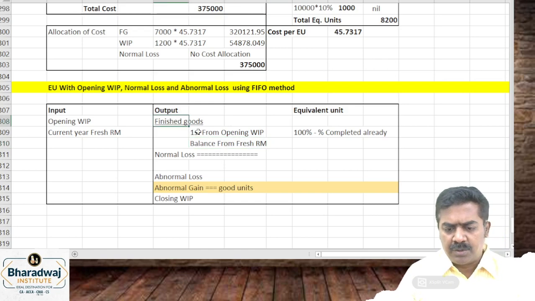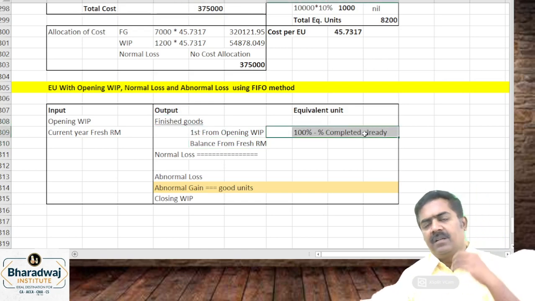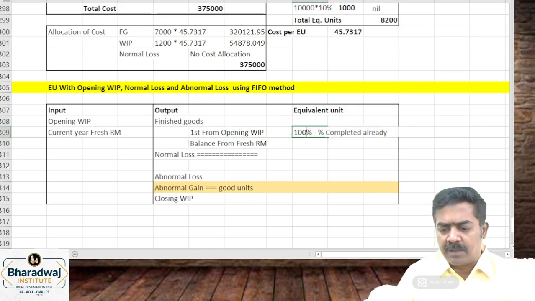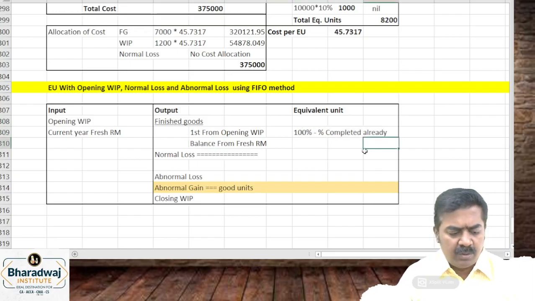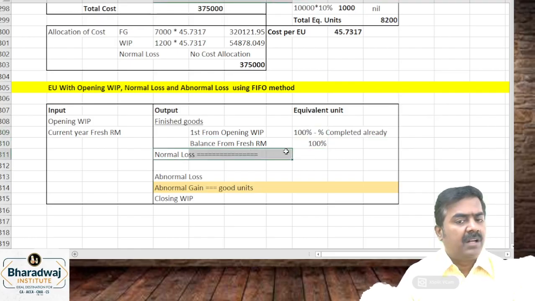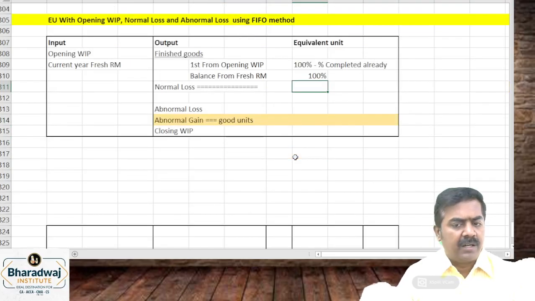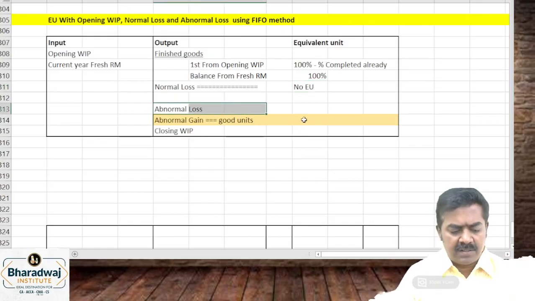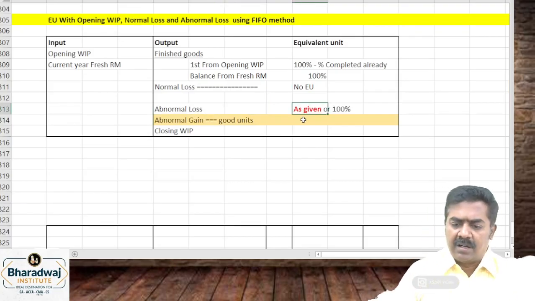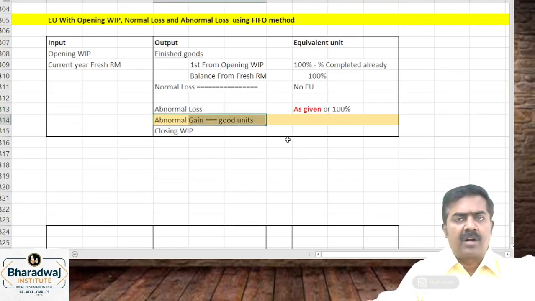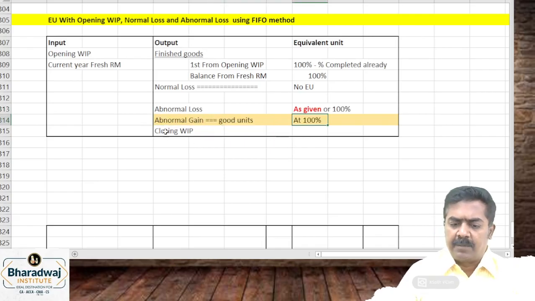So finished goods from opening WIP, whatever we do in the current year, that's why 100% minus percentage completed already. For the fresh raw material, we do all the work this year, so 100% of completion we take. Normal loss, no cost is allocated, no equivalent unit. Abnormal loss, they will give you the stage of identifying the abnormal loss, otherwise 100%. Abnormal gains are always good units, we take 100%.